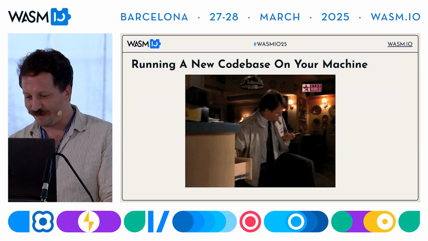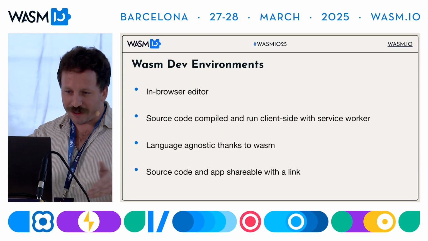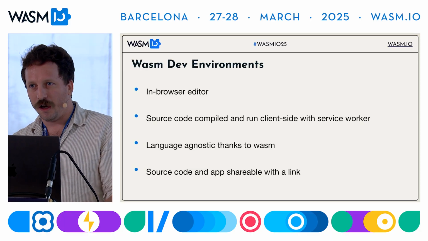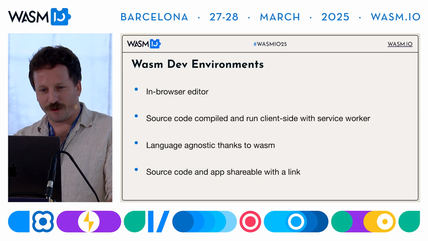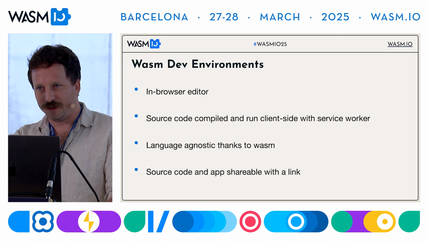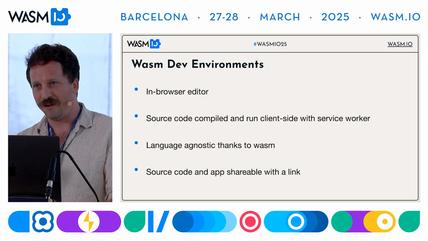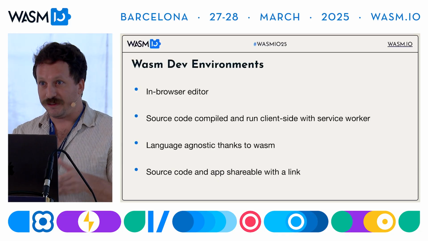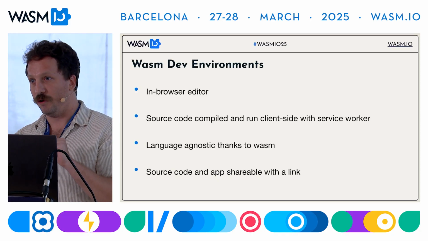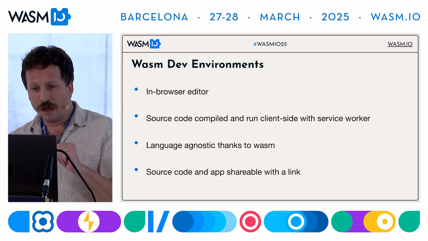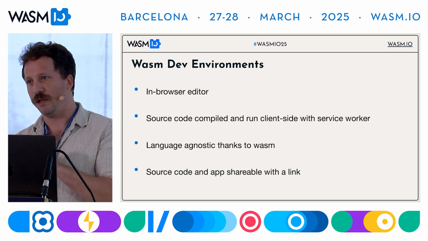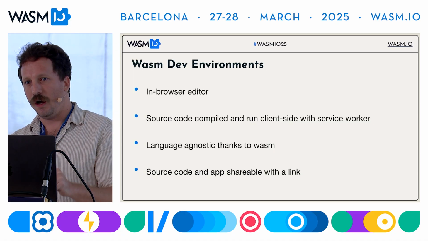So, the way we're doing this is with these Wasm dev environments. What are these Wasm dev environments? Basically, we have this thing that we're calling edit.dev, and we've got a little conference domain that we'll be showing off later. But in it, there is a text editor, so you can actually author your source code in the browser. What we're doing that's a little bit unique is we actually have the compiler running in the browser itself.